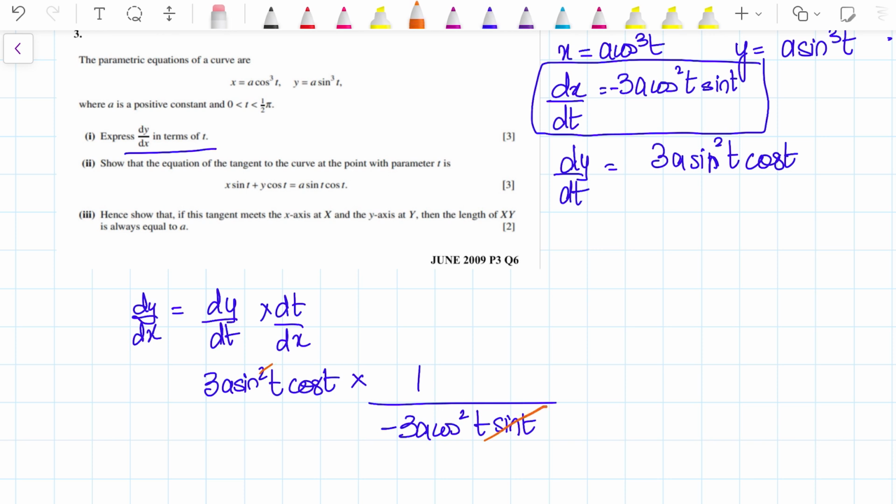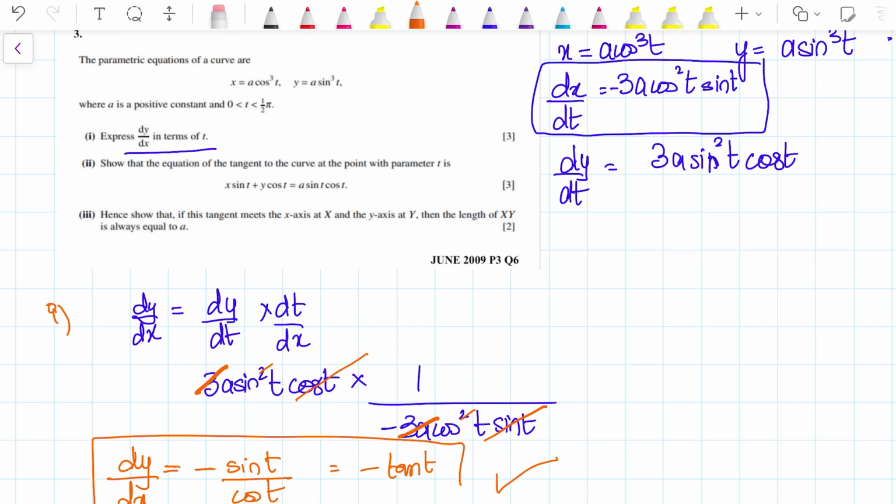Sine t cancels out with sine t, cos t cancels out with cos t, 3a cancels out. So we are left with minus sine t in the numerator divided by cos t in the denominator, and that's it. We can also write it as minus tan t. Both answers are correct.